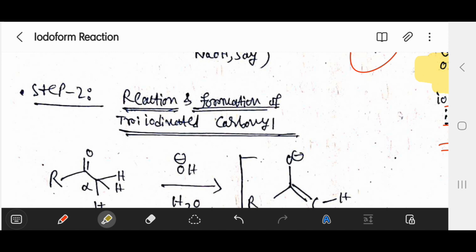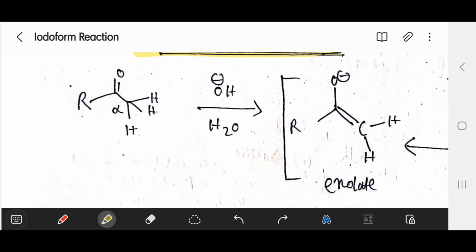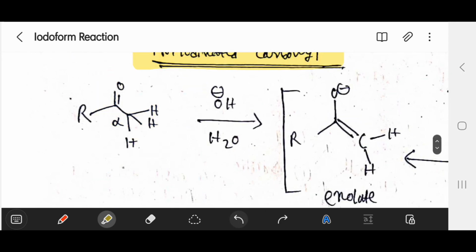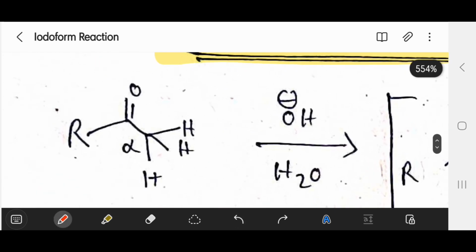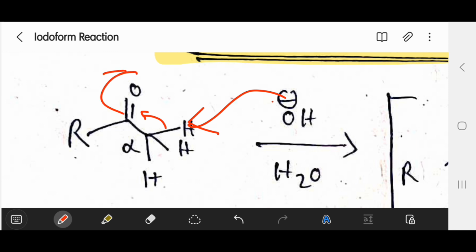Step 2 is the reaction and formation of triiodinated carbonyl. This is our ketomethyl group and the corresponding carbonyl compound. In the presence of basic medium, it will undergo this reaction. These hydrogens are acidic, as I have discussed earlier, and OH minus snatches this hydrogen and it is pushed back, and negative charge comes on this carbonyl oxygen.